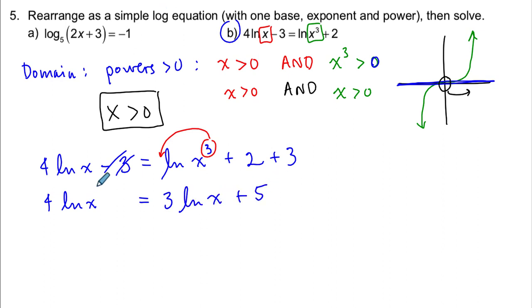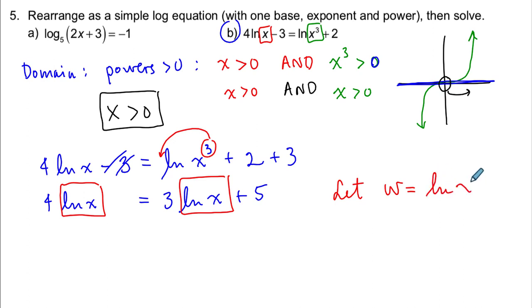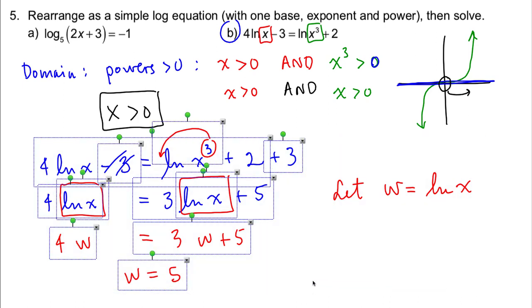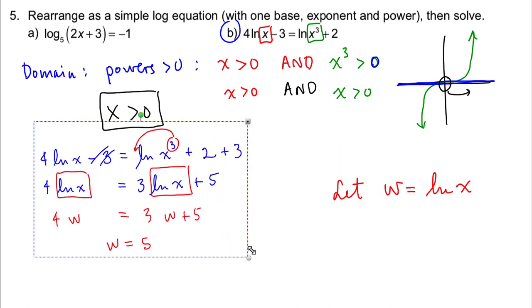Well, if you wanted to, you could let the ln of x, which is a repeated quantity, be some other variable. Maybe I'll let it be w this time. And so I end up getting 4w is equal to 3w plus 5. In other words, 1w is equal to 5. And then we have to back substitute and replace w with the ln of x.